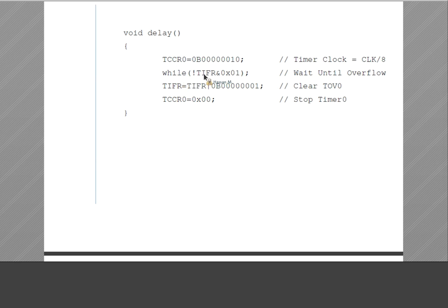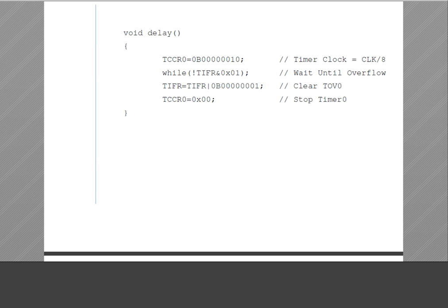While timer interrupt flag register AND 00000001, that means we are masking other items than timer overflow. That means all of it means TIFR.0. Pin 0 means timer overflow.